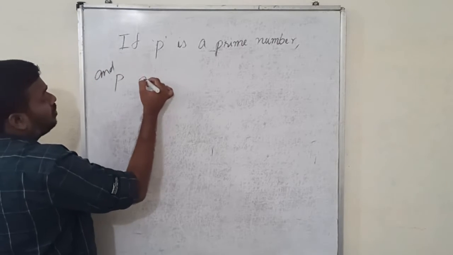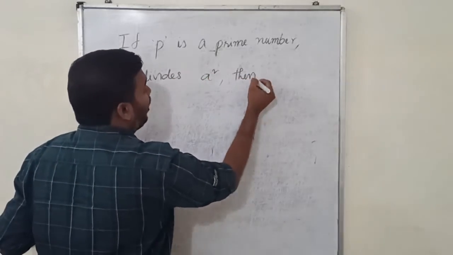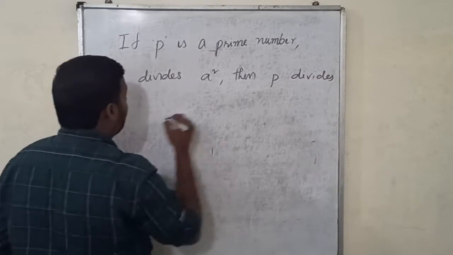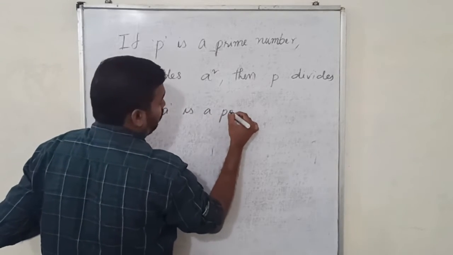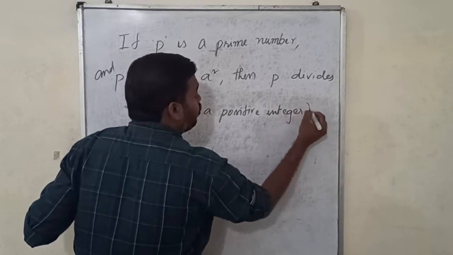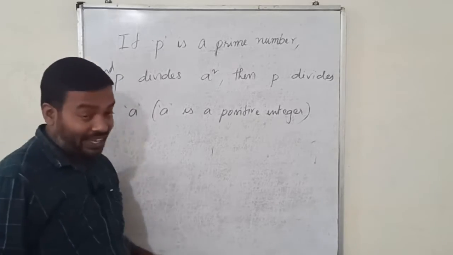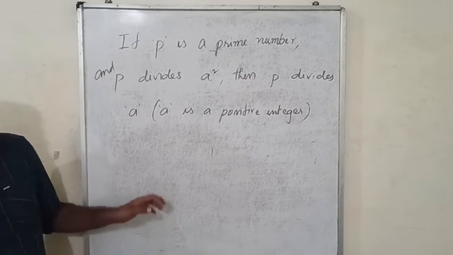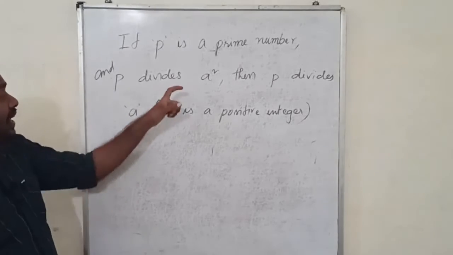This is the statement we are going to use to prove the square root of a prime number is an irrational number. So let us see the proof of this statement, that is, if p divides a square, then p divides a.